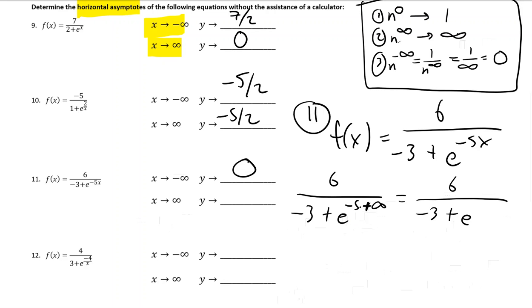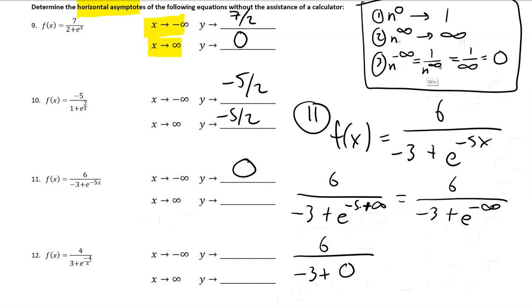A negative times a positive is negative. 5 times a number that goes to infinity would go to infinity. This matches up with number 3 here. I've got a base that's a number, and its exponent goes to negative infinity, so that whole thing is going to go to 0.